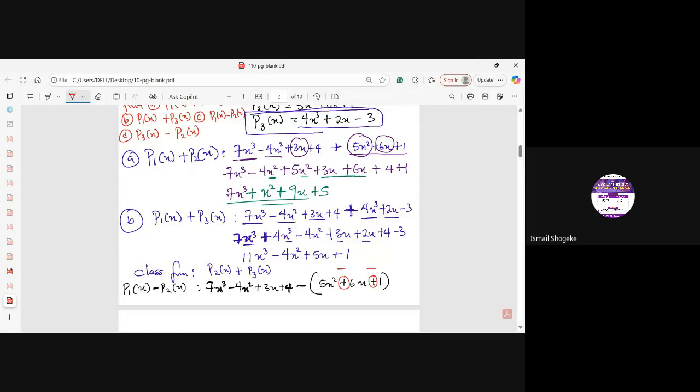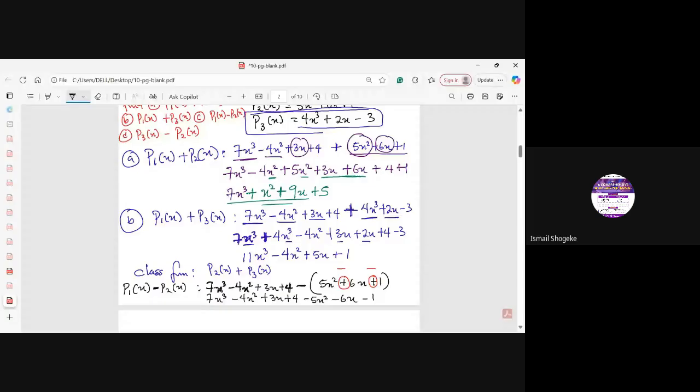So we are now going to rearrange this and write it as 7x to the power 3 minus 4x squared plus 3x plus 4. Then this minus will be in front of 5x squared. This plus here will turn to minus. This plus here will turn to minus. Can you see?